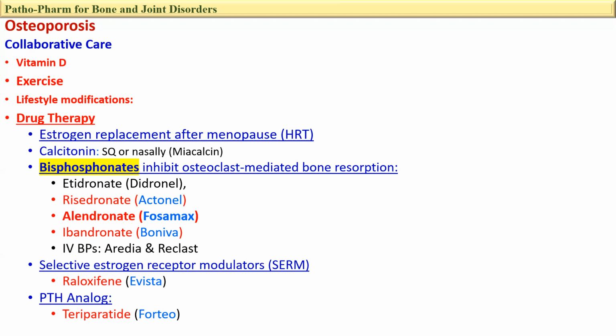Now, drugs and medications are listed under these categories. The first one is estrogen replacement after menopause, which is hormone replacement therapy, HRT. When they prescribe HRT, it should be within guidelines, and they have to follow the guidelines and specific regulations.